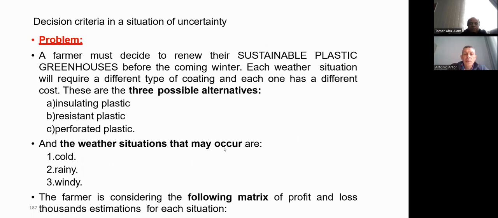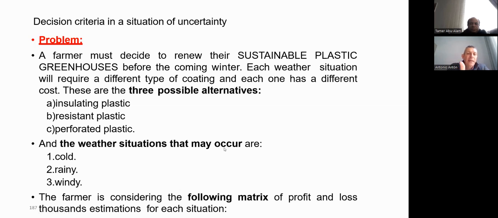Uncertainty is when you are not aware of the probability. The scenarios are not very accurate, or inaccurate at all. So we have no probability, neither a secure scenario. We have no idea.